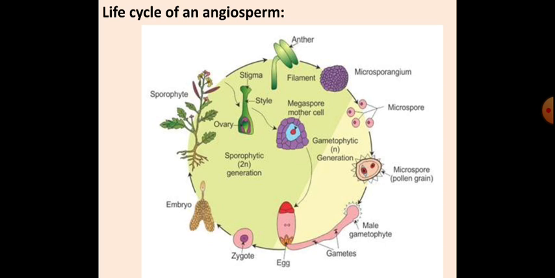Now coming to the structure of the embryo sac, what does the embryo sac consist of? The embryo sac has a three-celled egg apparatus.